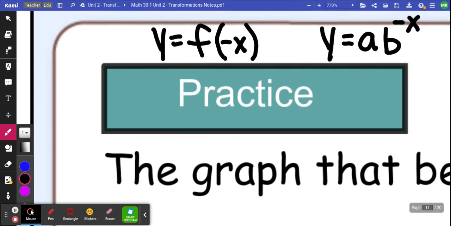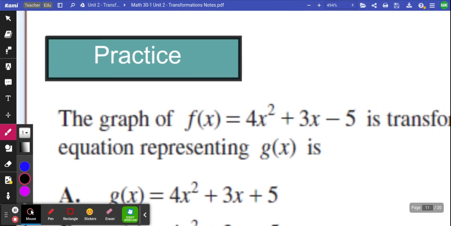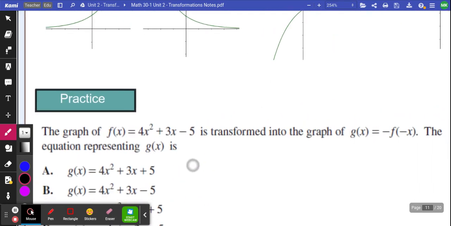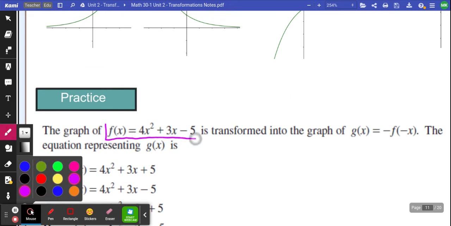Our last example is actually perfect for right now for this conversation because it uses terminology that's challenging. It's hard. So it says the graph of f of x equals that. This is f of x.